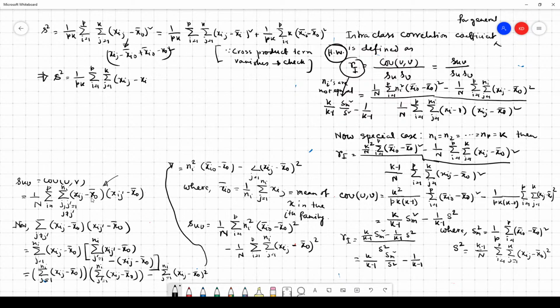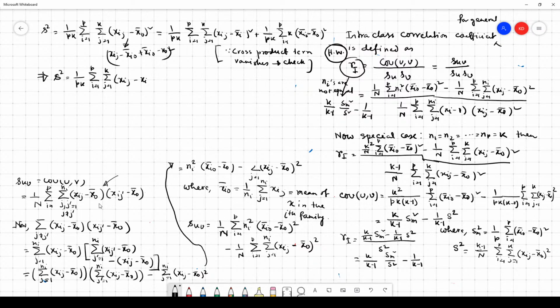And since I consider permutation, that's why I write j not equal to j dash. In a way, you get both xij, xij dash, and again xij dash, xij. So just look at the thing carefully.